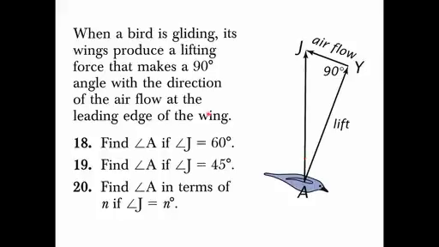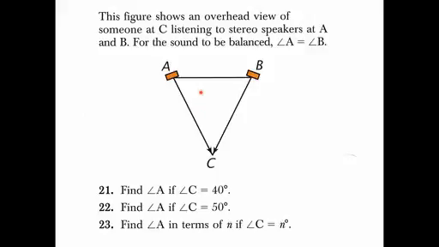Working with the idea of triangle angle sum, 180 degrees is the sum of the angles. Here's another one working with that. But we've got these 2 angles A and B that are equal. We're going to learn that you call that an isosceles triangle a little bit later.